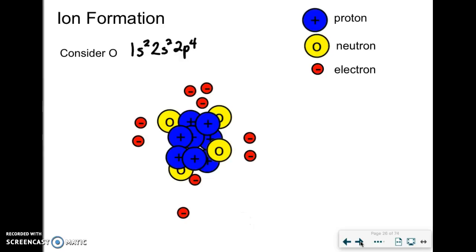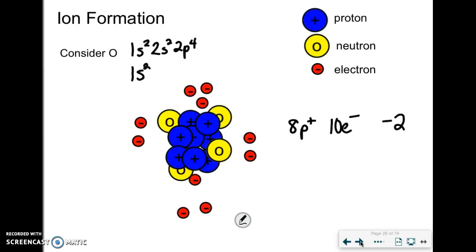When it gains 2 electrons, it has 8 protons but 10 electrons around the outer shell. That means it's got a -2 charge. There are 2 more electrons than there are protons.